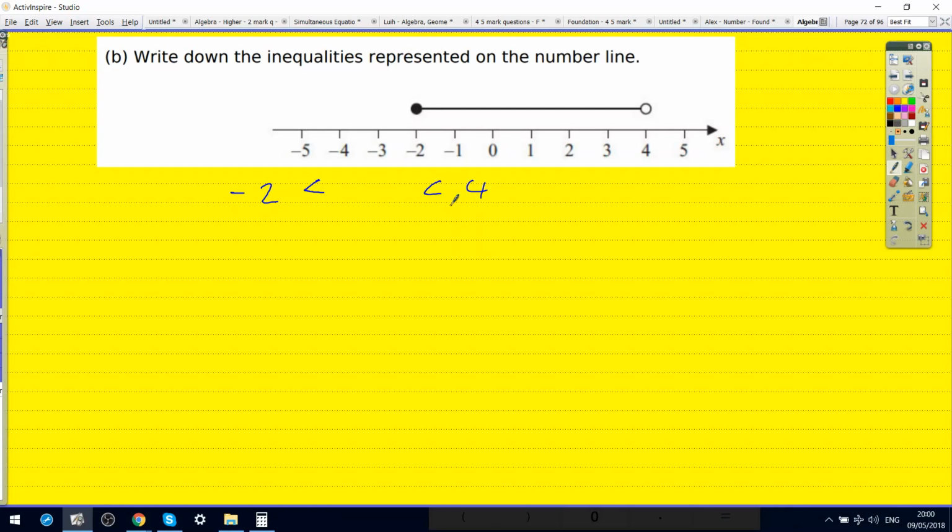The line is x, so x is between -2 and 4. Is either of them equal to? Is 4 equal to? It's the -2, because that circle is filled in. Okay, and that's what that's about.